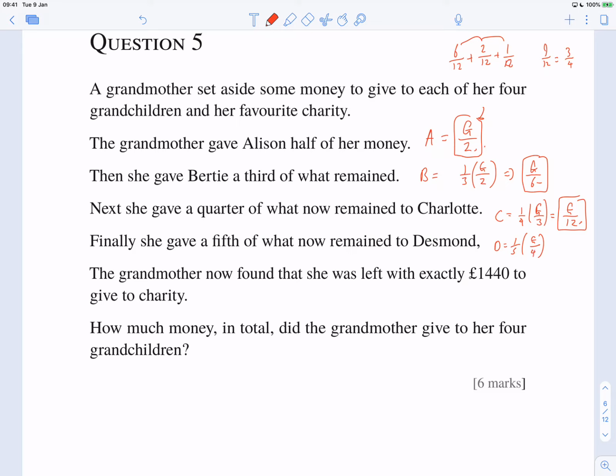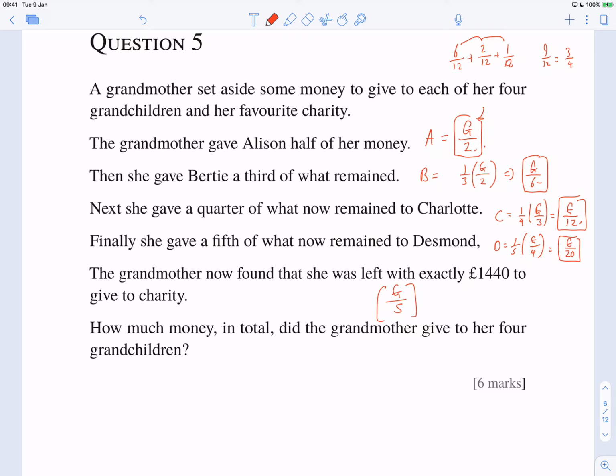So that means there's only a quarter of Granny's stuff left, so 1/5 times a quarter. So it looks like she received a 20th of what Granny has left. You can probably see a pattern here. It's going wholes, then halves, then thirds, then quarters. So really, we can deduce that she's only got a 1/5 of her money left.